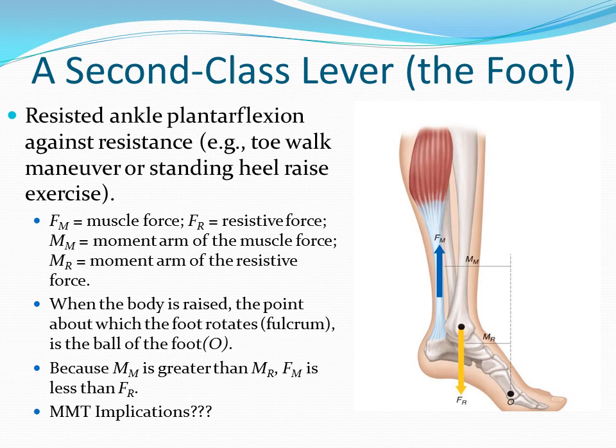For those of you that have the PowerPoint presentation, I'd like to have you refer to this diagram. Notice that the foot makes a second-class lever very similar to a wheelbarrow. The fulcrum, or the wheel of the wheelbarrow, is found at the metatarsal phalangeal joint.